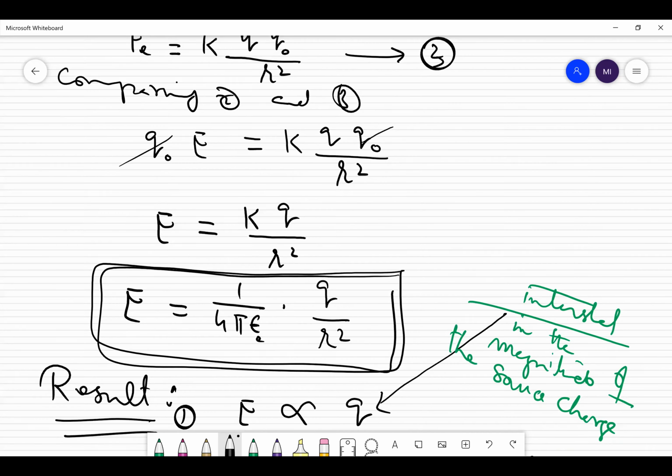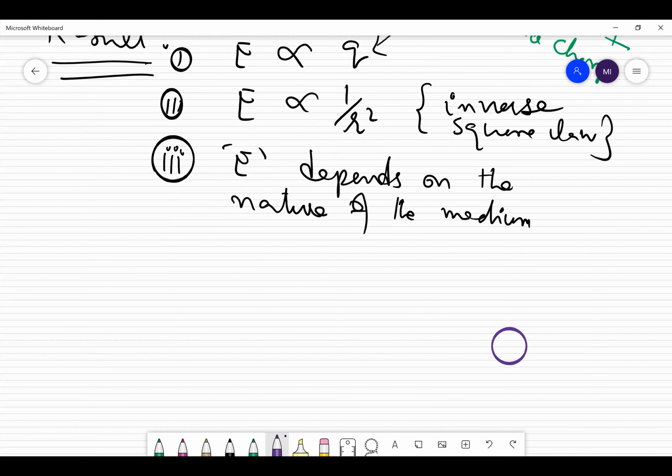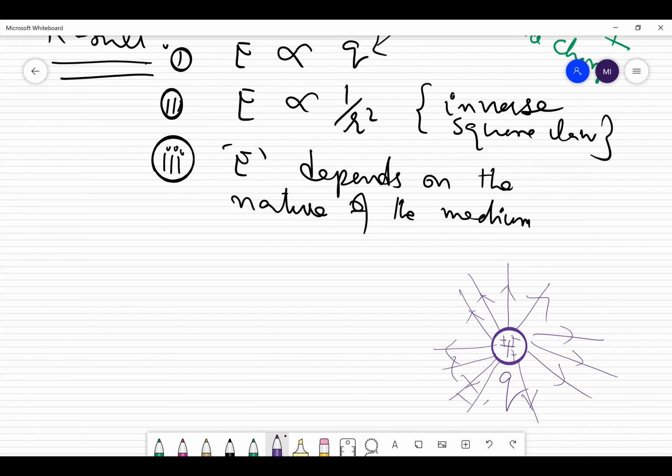This is so important. For example, if we have a source charge Q here, we can find the electric field intensity at any point, at point A, point B, point C, point D, point E, anywhere, without knowing the magnitude of the test charge.